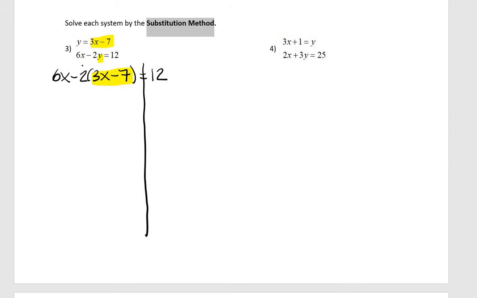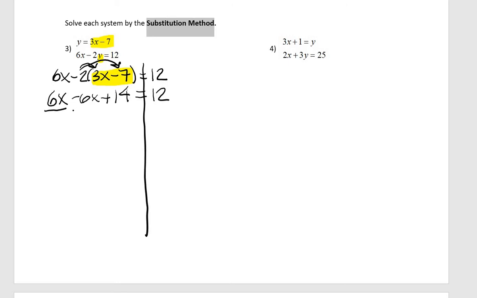So to get started, we're going to distribute the -2 by doing -2 times 3x, which is -6x, and -2 times -7, which is positive 14. And then I'm just going to copy everything else down right below. After I distribute, I'm going to combine like terms.